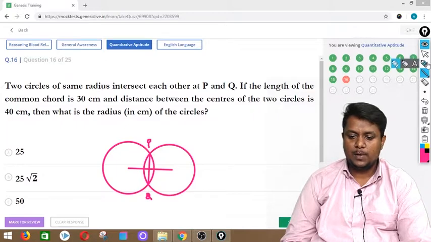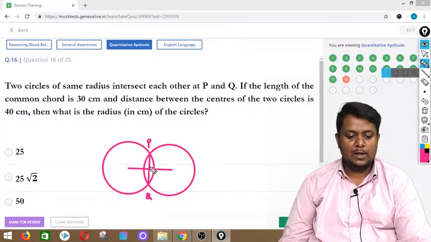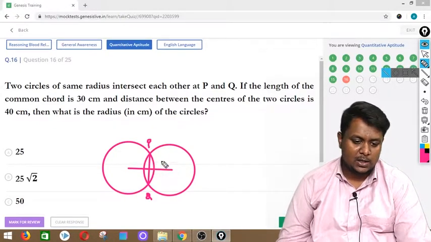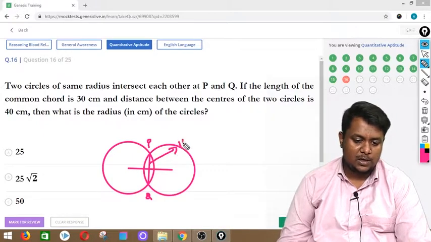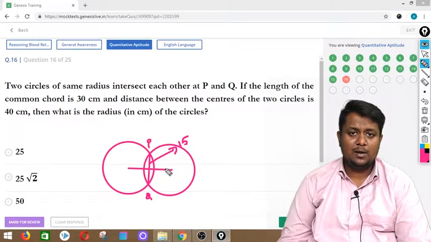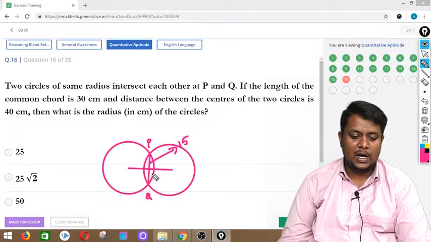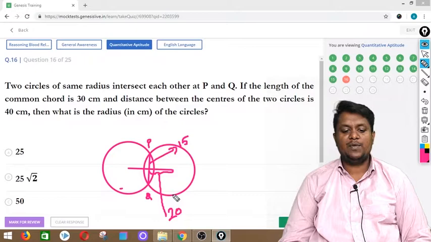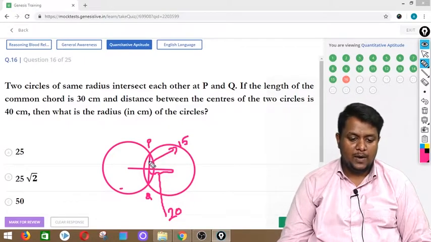Now if you see properly, the common chord value is 30, and the common chord will be exactly cut into two halves by the line connecting the two centers. So this particular value is 15, and the line connecting the two centers is exactly cut into half by the common chord. So this length is 20, because the distance between the two centers is 40, half of it will be 20. We have to find the radius.